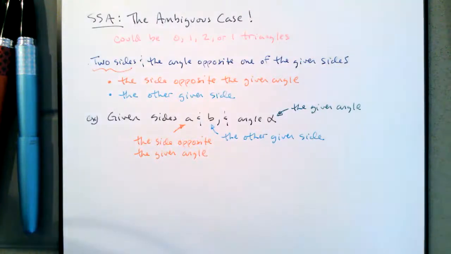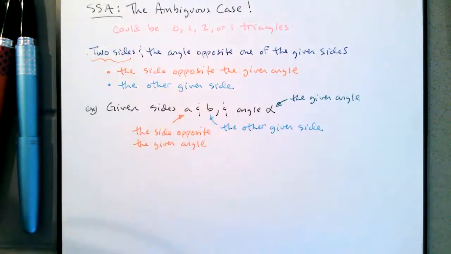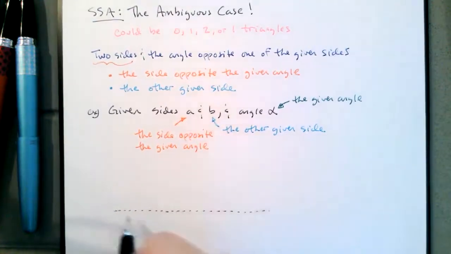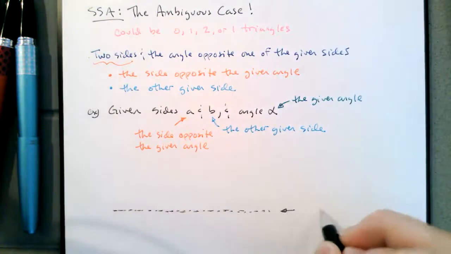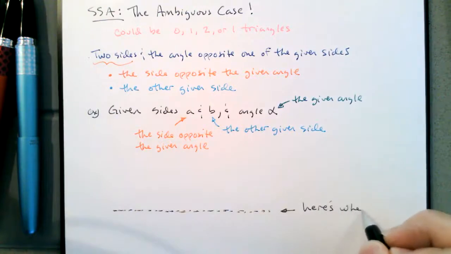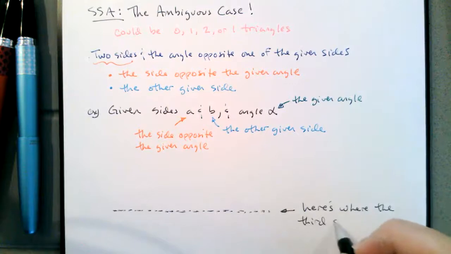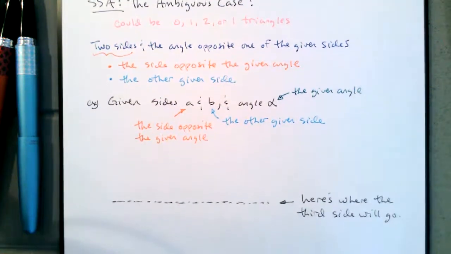Let's draw a picture of where things are going. I need a baseline. This is the line where the third side will go.